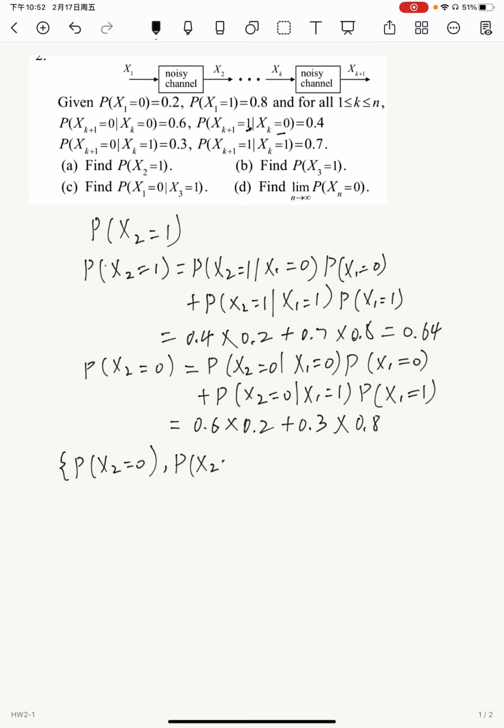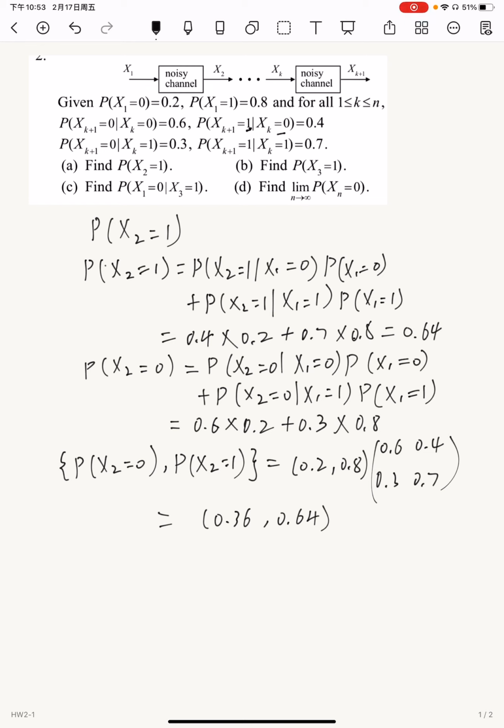So we can also write it as: the probability x2 equal to 0, the probability x2 equal to 1, equals 0.2, 0.8, multiplied by the matrix of 0.6, 0.4, 0.3, 0.7, and equals 0.36 and 0.64.